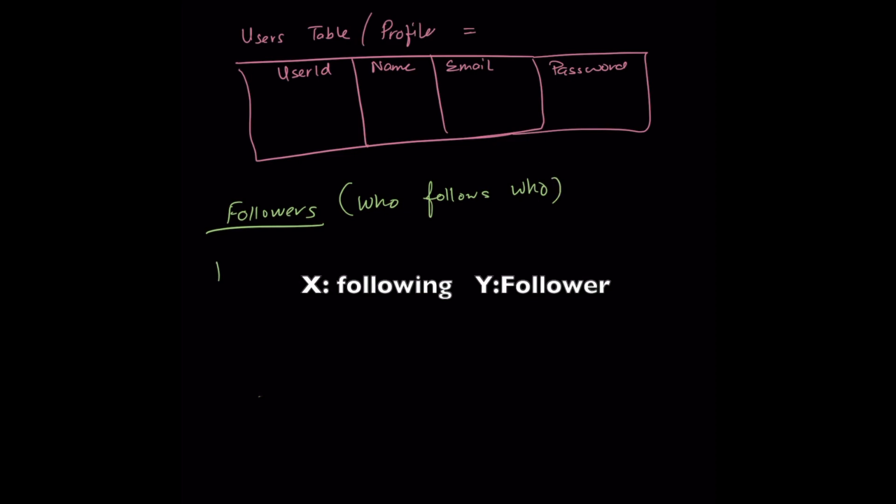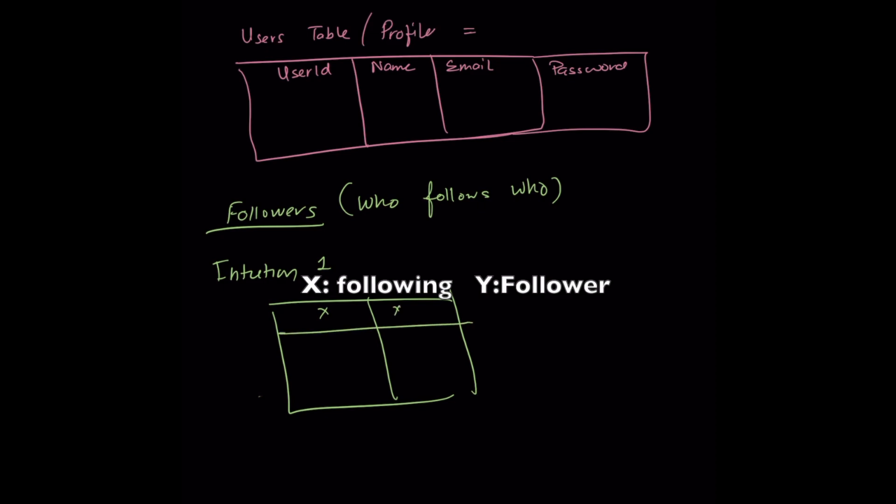A naive approach, or intuition, would be that I have a table which has X and Y such that X follows Y. So you can say follower and user being followed, something like that.